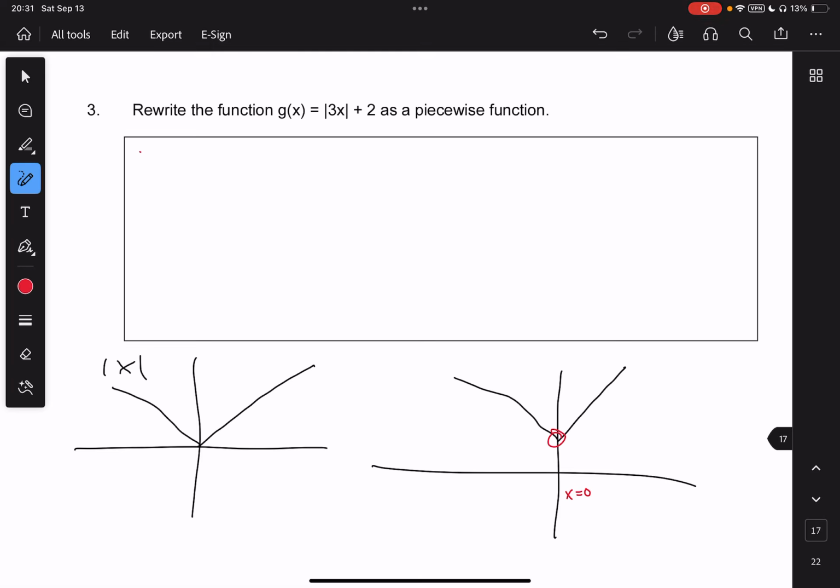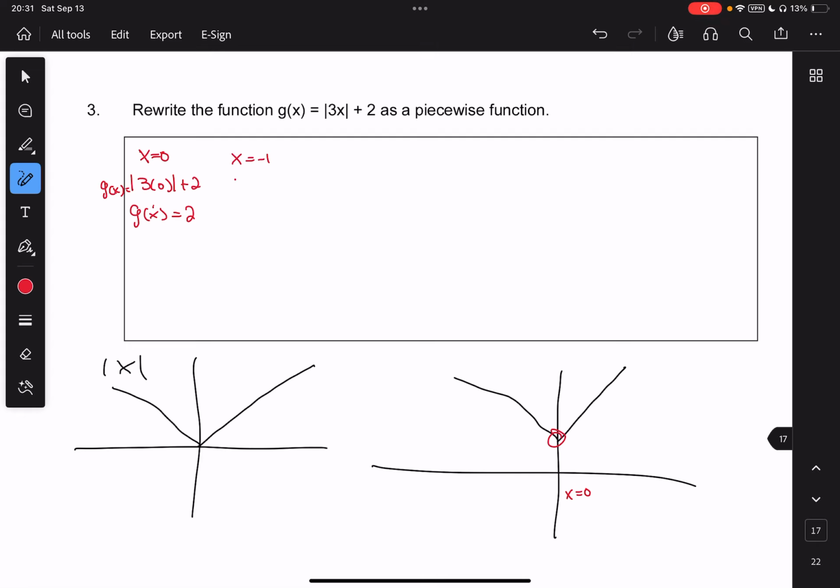So let's see what happens when x is 0. Well, we get the absolute value of 3 times 0 plus 2, and remember it's g of x. So our g of x is 2. Okay. Let's try when x is -1.